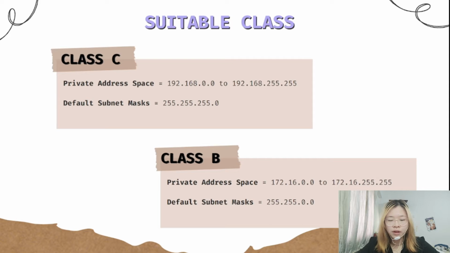The class B private address space is 172.16.0.0 to 172.16.255.255, and the class B default subnet mask is 255.255.0.0.